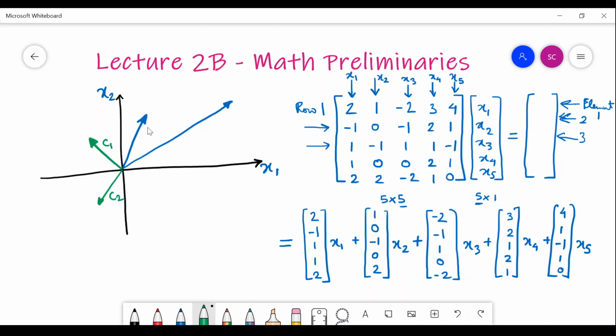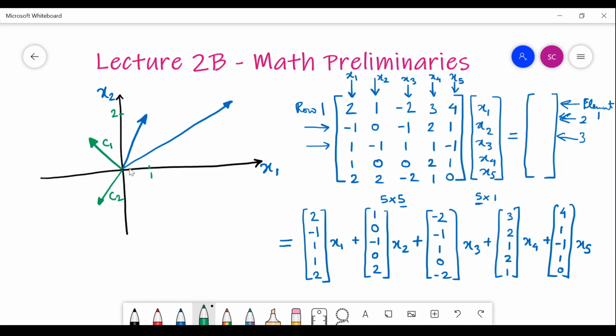So if my parent vector is this, which is suppose these both are 1 almost, so 1, and this is like 2 maybe. Okay, so I am scaling this c1 vector by how much?